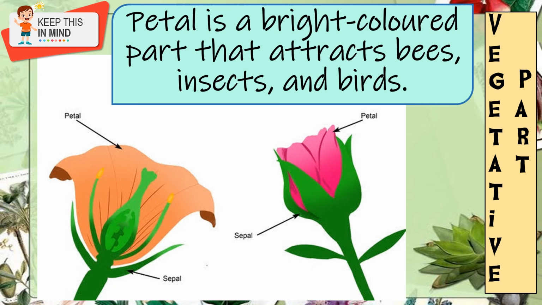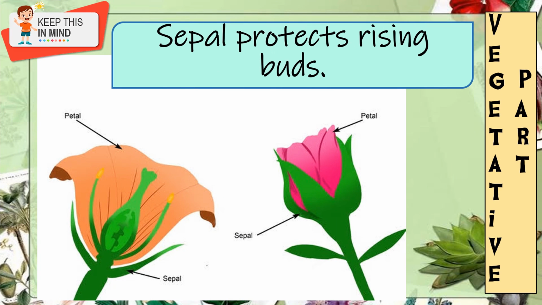Color of petals varies from plant to plant. Some are bright, while some are pale colored. Thus, petals help us to differentiate one flower from another. Sepal is the green-colored part beneath the petals to protect rising buds.